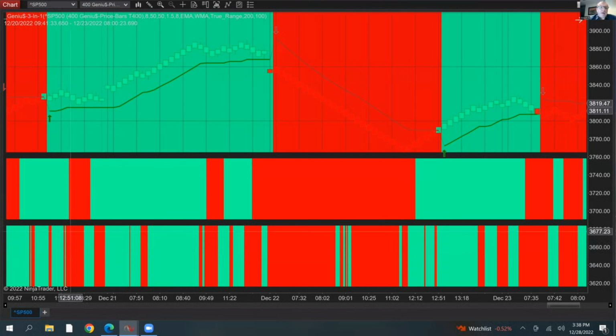So rule number one, maximum 3% risk. Number two, you will be net long only if the master trend is green. You will be net short only if the master trend is red. You take the first trade when one of the subtrends changes color to the same color as the master trend.